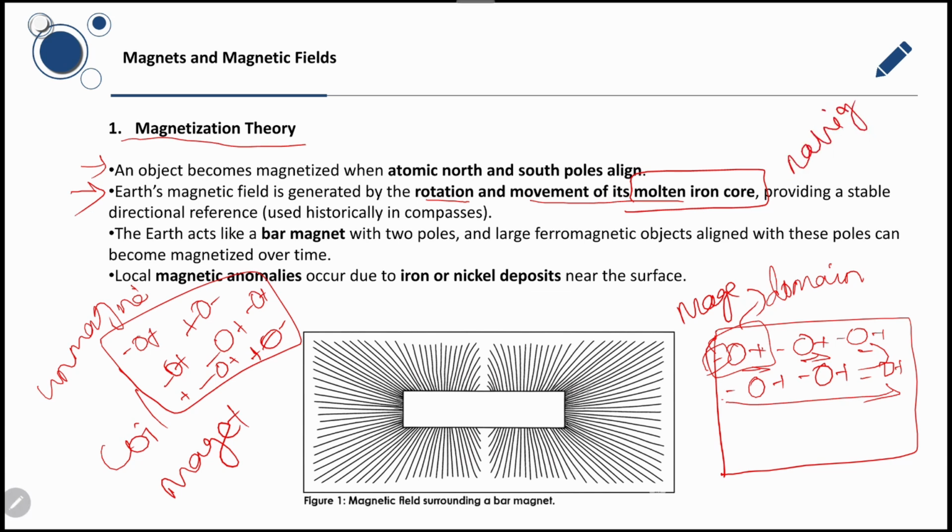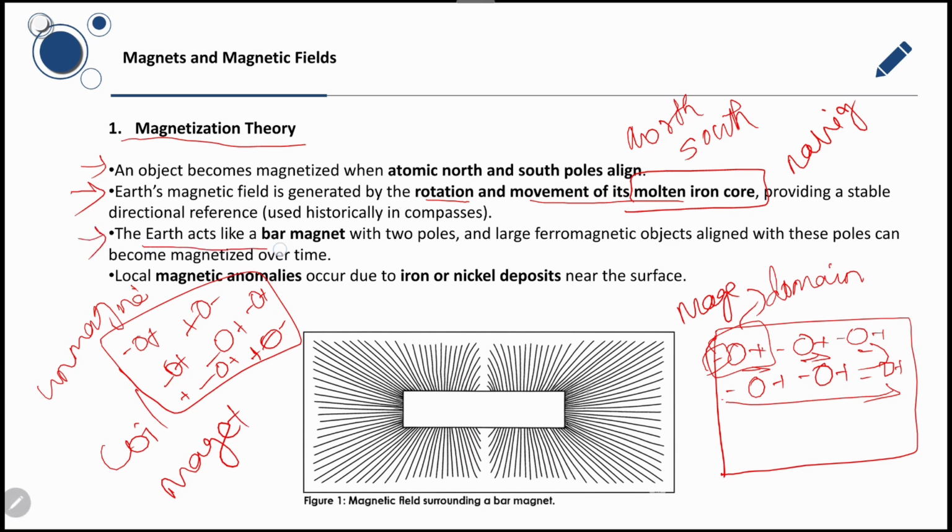A compass needle aligns with the Earth's magnetic field and points toward the magnetic poles, north and south. Just like a bar magnet attracts a small metal needle, the Earth's magnetic field makes a compass needle point north.